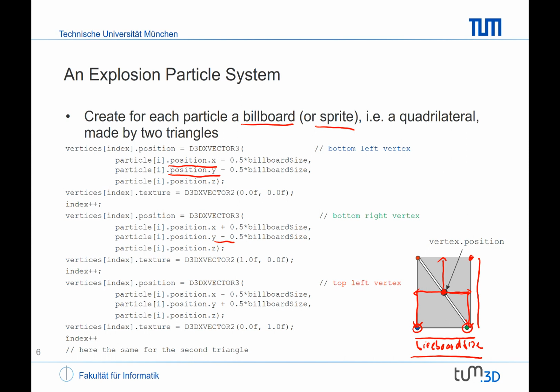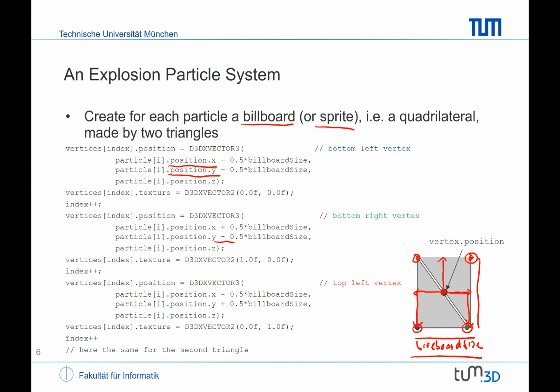And if I go minus along x and plus along y, I get the red one, and if I go plus along x and plus along y, I get the point here, which we have not encoded in the pseudocode. Okay, this is how we create the two triangles making up the billboard for each of the particles. And the z position remains constant.